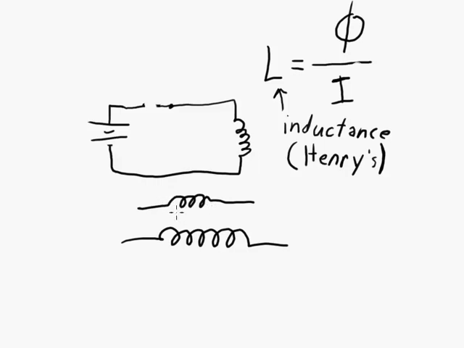And the more loops you have, the more the fields add together. So for the same amount of current, 1 amp in this one and 1 amp in this one, we're going to have magnetic field added 3 times here, and 6 times here. So you're going to have a much stronger magnetic field created from the 6-loop inductor than from this 3-loop inductor.